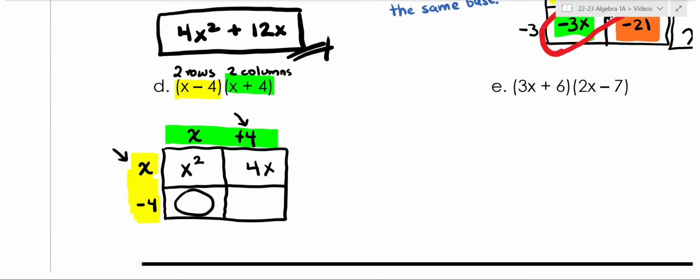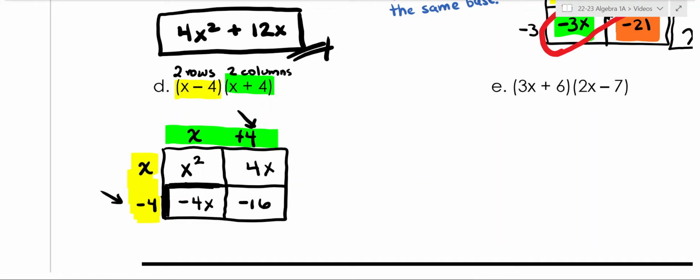This box over here is going to come from us multiplying the negative 4 and the x, right? Negative 4, and then you got to go to the green part, to the x. So this is going to give us, like I said, digital pens, negative 4x, and the last empty box is going to come by us multiplying the negative 4 and the positive 4. Negative times positive, it's negative 16.